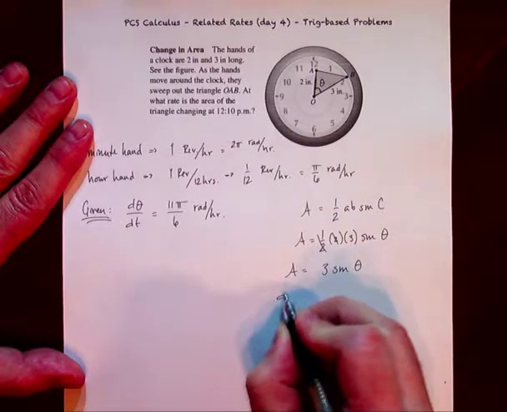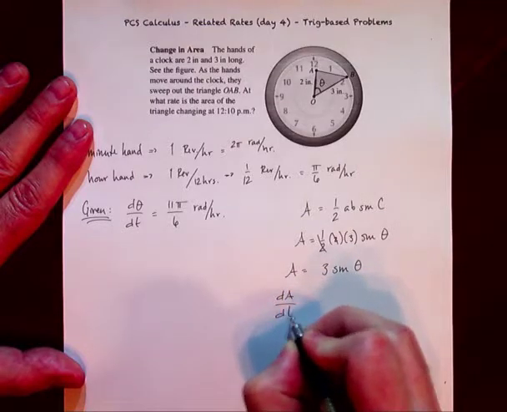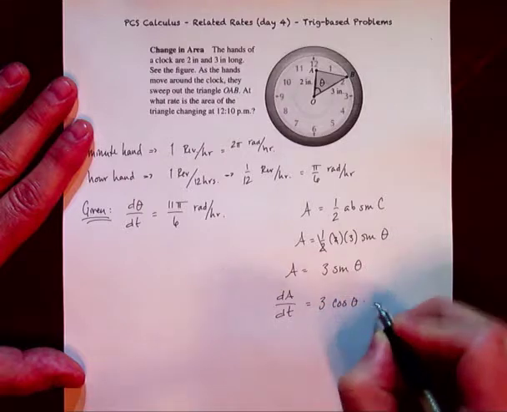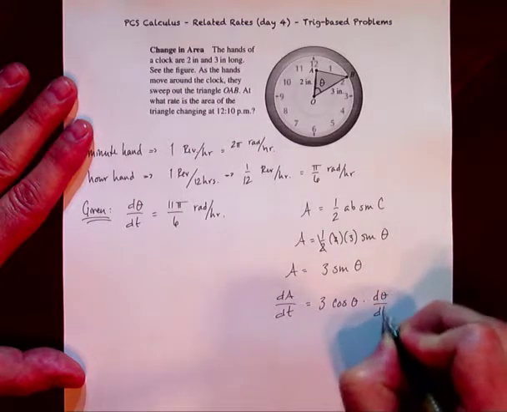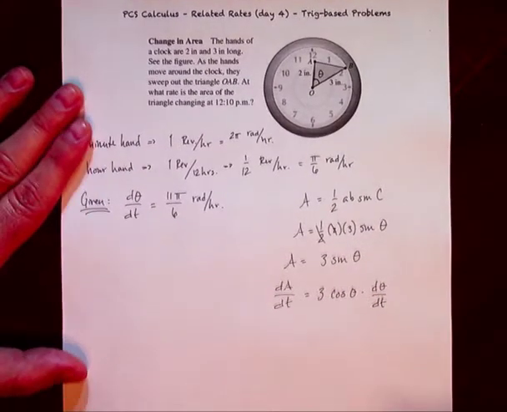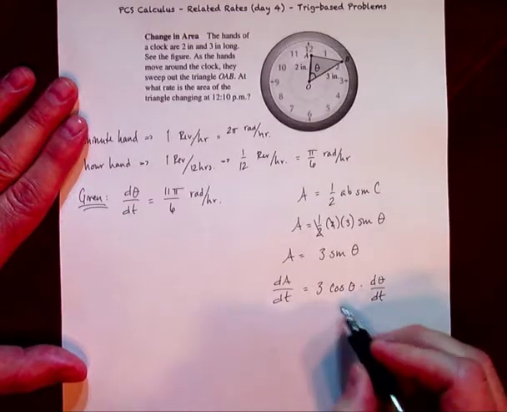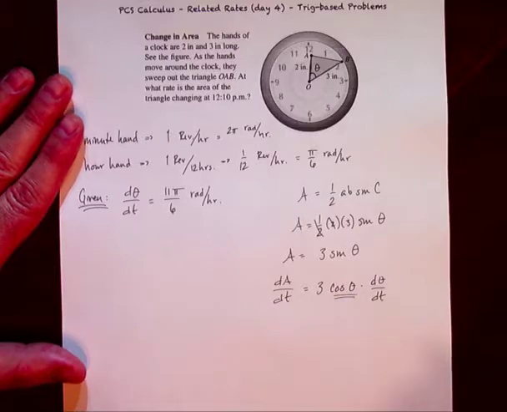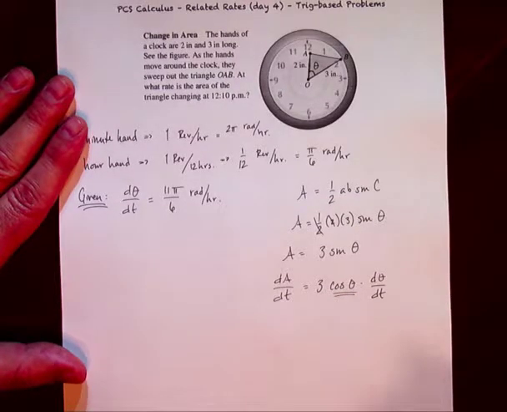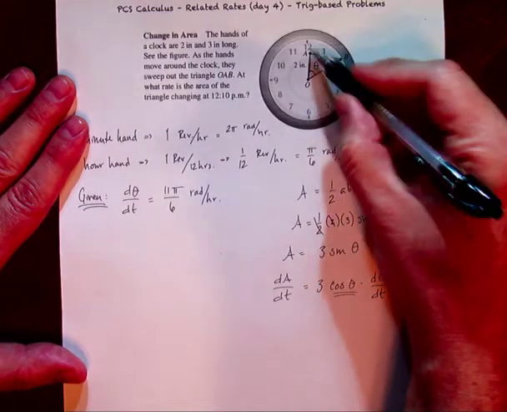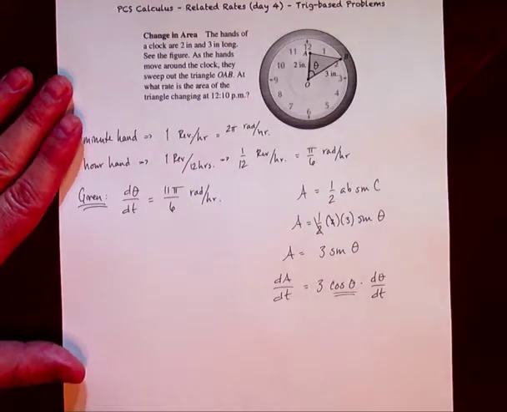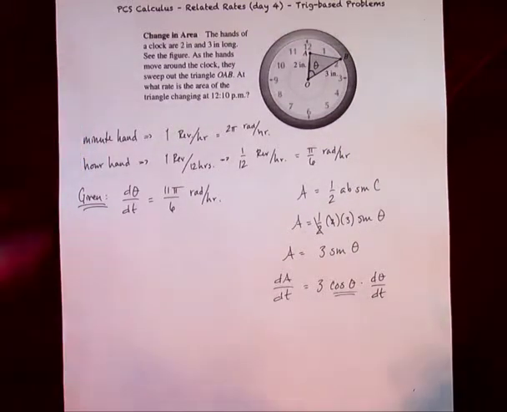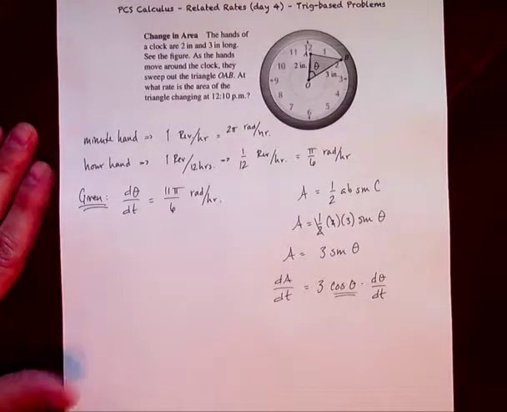Okay, well let's differentiate and see whether I have everything that I need. 3 cosine of theta d theta dt. All right, well the only thing that I really am lost with is cosine of theta. I need to figure out what theta is here at that particular moment at 12:10, because I have the rest. Now the question is, how am I going to do that?